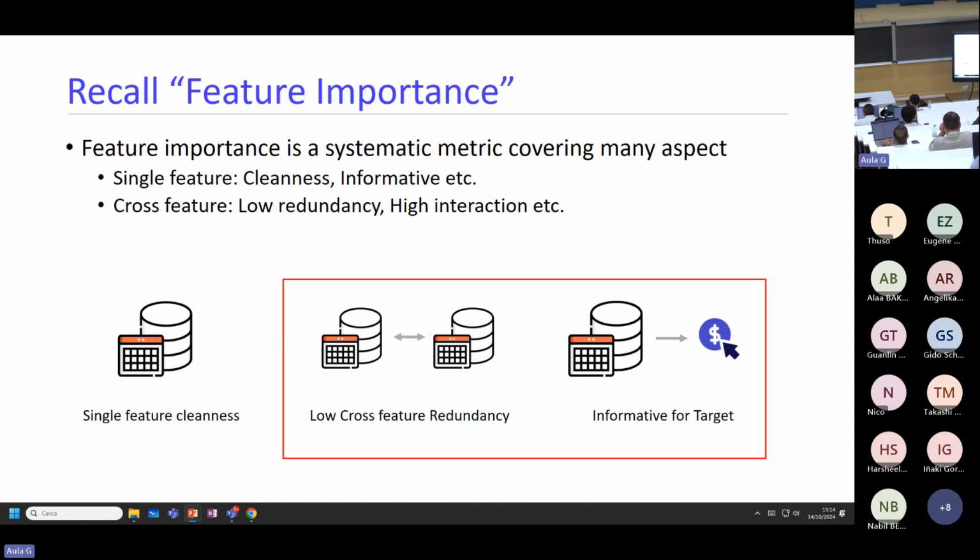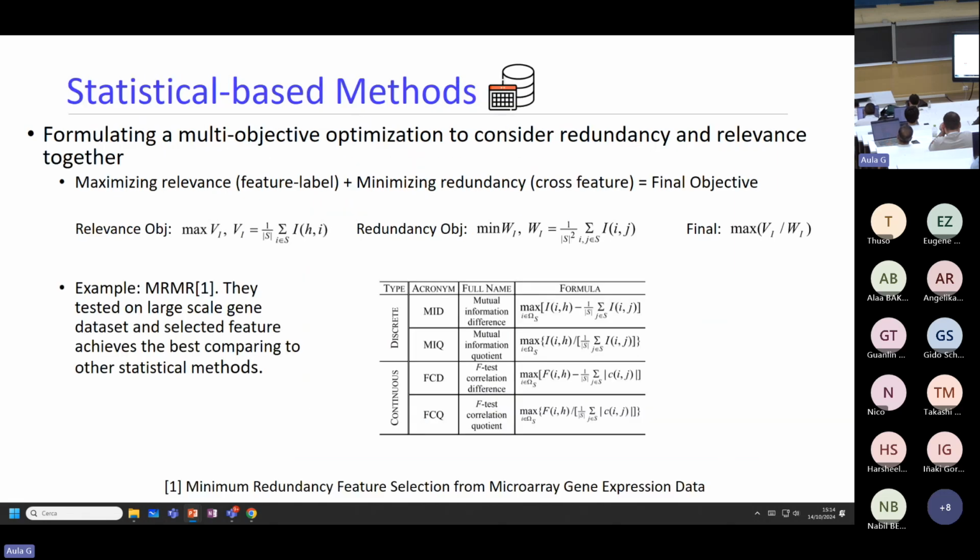So what I have described are many single-aspect feature importance methods. But if we want to combine them, how should we do it? Many techniques have been doing this. The basic idea is formulating a multi-objective optimization to make the model consider redundancy and relevancy altogether.